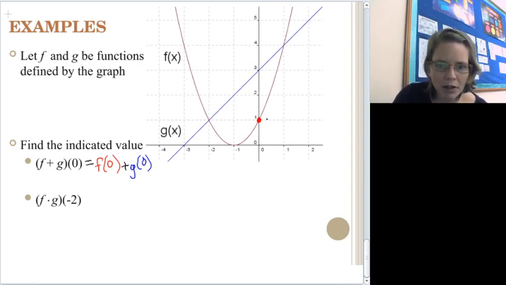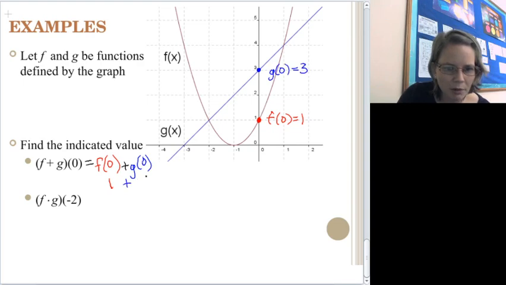So right here on my graph, you can see f of 0 equals 1. So plug in a value of 1 down here. And g of 0 means on my g graph, when x is 0, what's the value of y? So g of 0 is 3. So down here, plus 3. And 1 plus 3 is 4. So f plus g of 0 is 4.